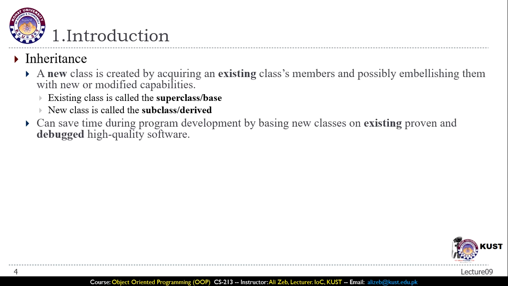What object-oriented programming provides us is to use inheritance in such a case, where we have an existing system like the KCMS, which has been debugged and it is running fine.